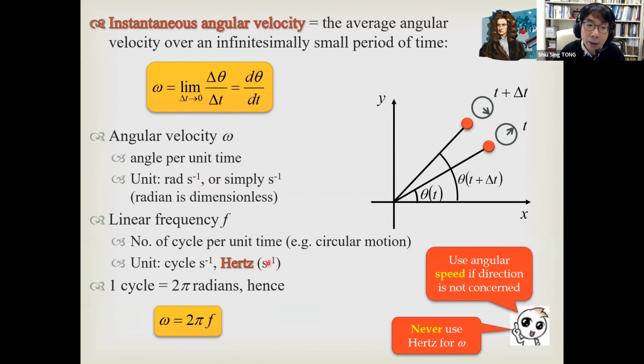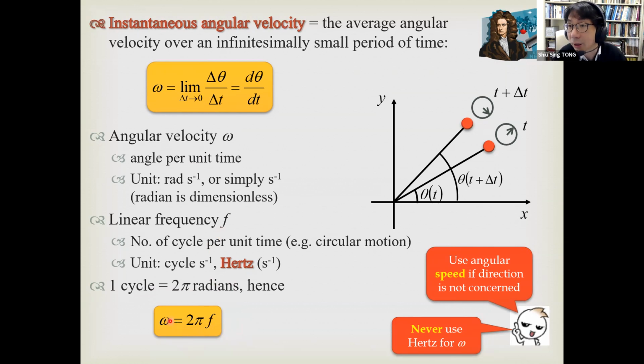Since one cycle is equal to 2 pi, the linear frequency and the angular frequency are just related by a factor of 2 pi. When you say you revolve 3 times per second, your linear frequency is 3. Since each turn has an angle of 2 pi, the total angle you turn over is the linear frequency, 3, multiplied by 2 pi.